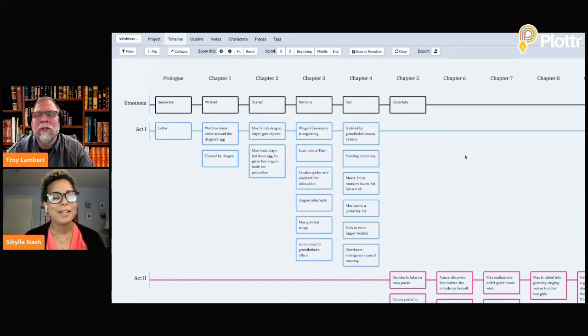And so in your revision process, did you keep the chapters pretty even and move the scenes around to make the chapters a similar length? I tried to keep them a similar length, but I also want to make sure of the ending. So I'd go through and ask, okay, how am I ending each chapter? So that you have that cliffhanger, and it can propel you into the next chapter.